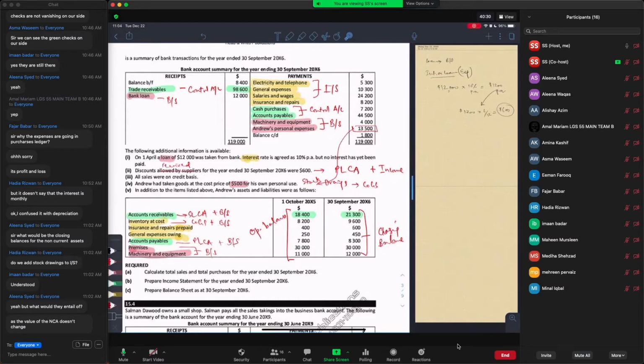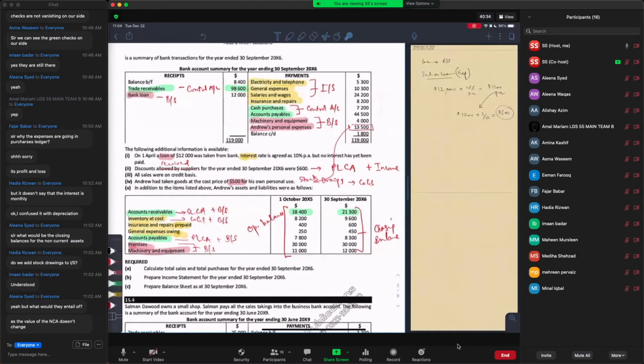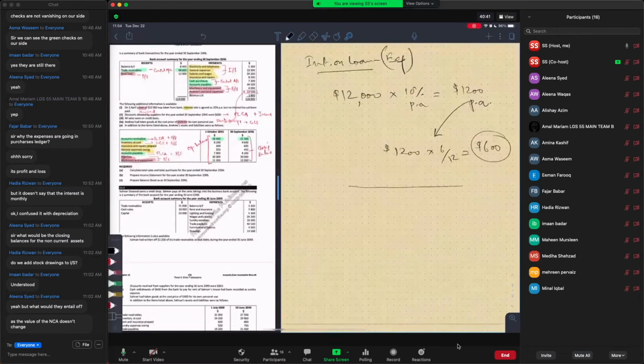So don't worry. But since we have started discussing it, maybe we can do it right now. Remember the depreciation chapter MCQs? We used to make this account, a non-current asset account, add net book value. That is a quick workaround for your depreciation calculation or any other missing value calculation.